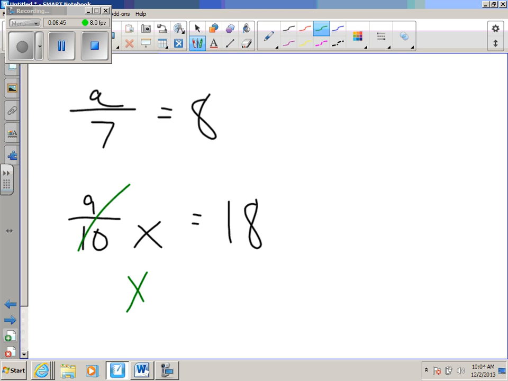That will isolate x, and here is what we have. Dividing by 9/10. So now flash back to last week. We need to put this into fraction form. And if I need to multiply, I need to do what with my 9/10? I need to flip it.